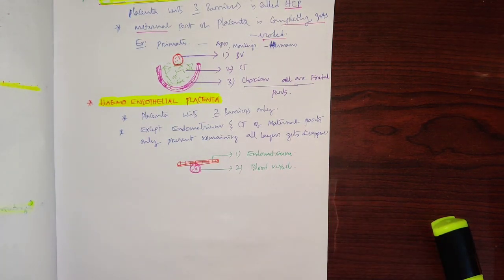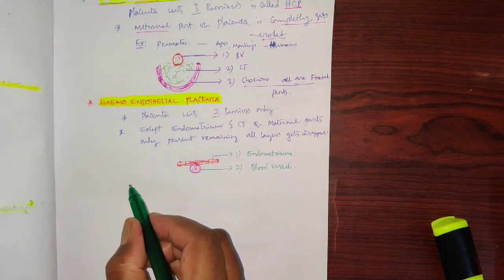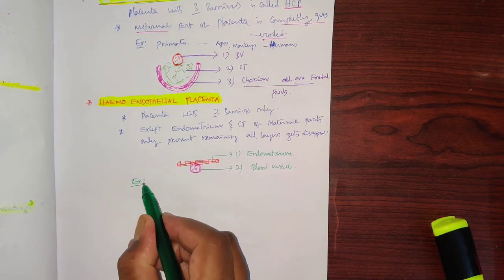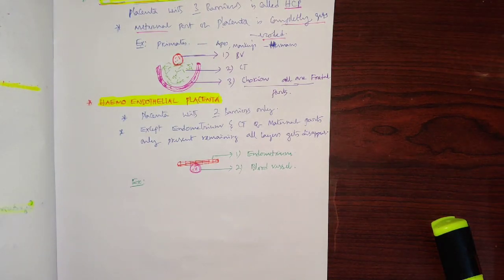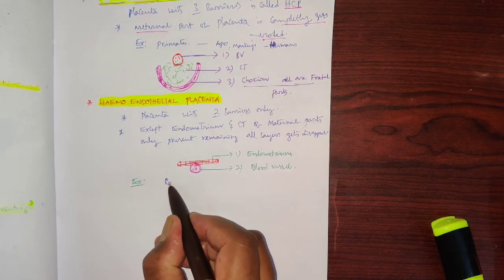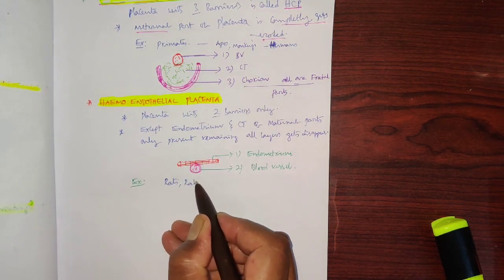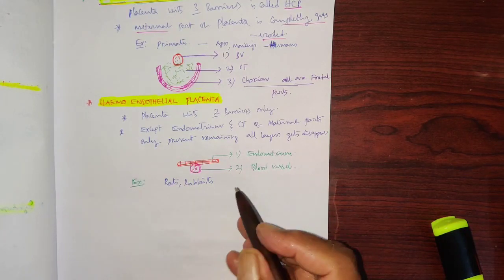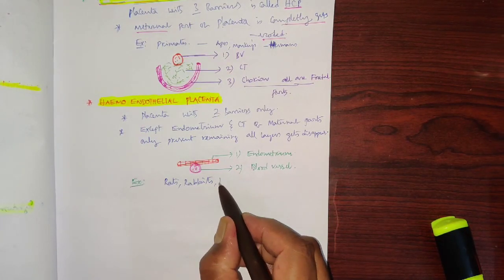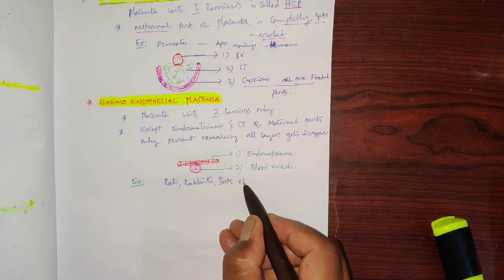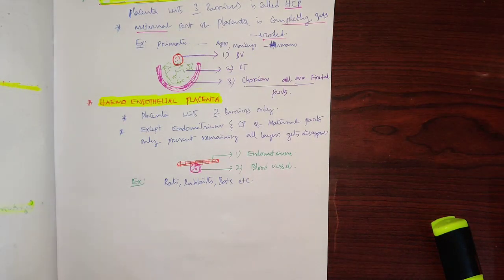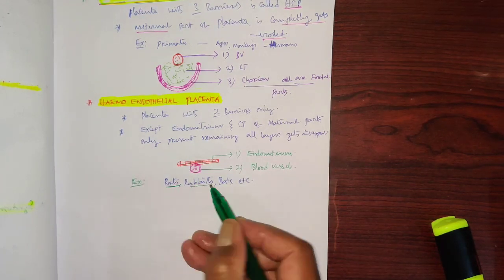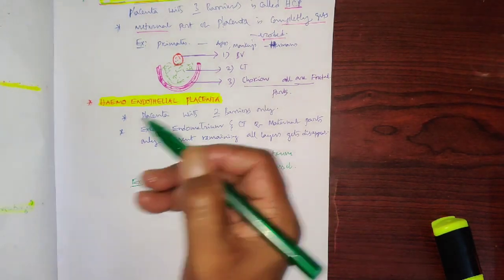Only 2 parts, both belonging to maternal parts of placental parts. This type of placenta can be seen in rats, rabbits, bats, etc.